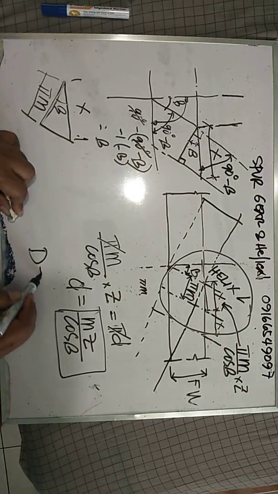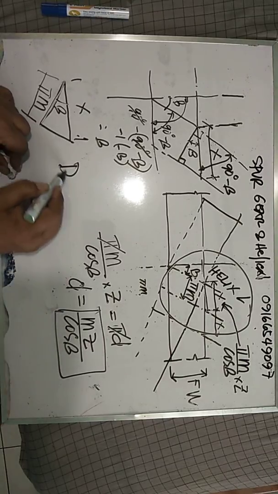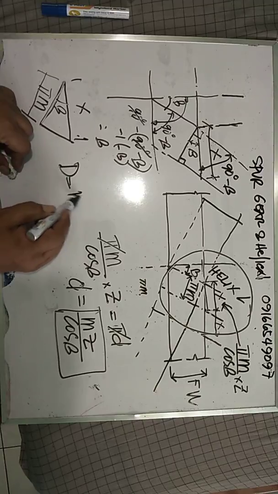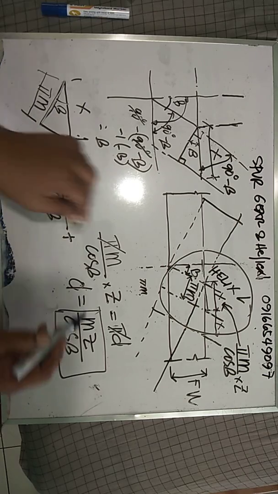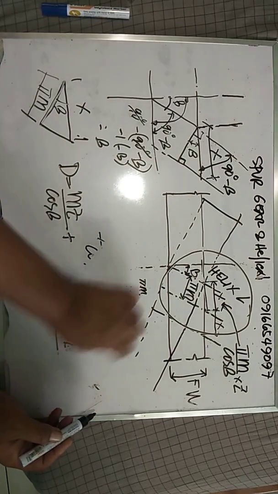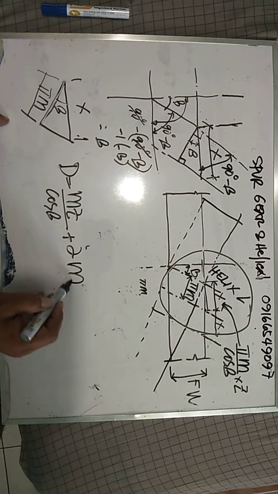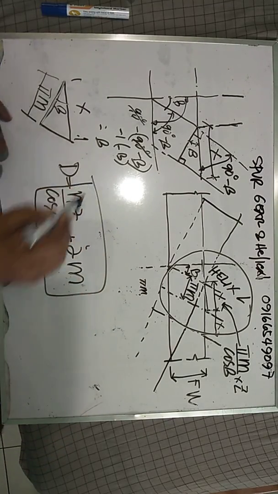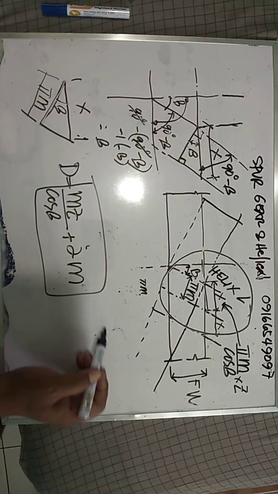The big D also becomes module times z, number of teeth, divided by cosine beta, plus simply 2 module. Okay, that is the pitch circle diameter of helical gear.